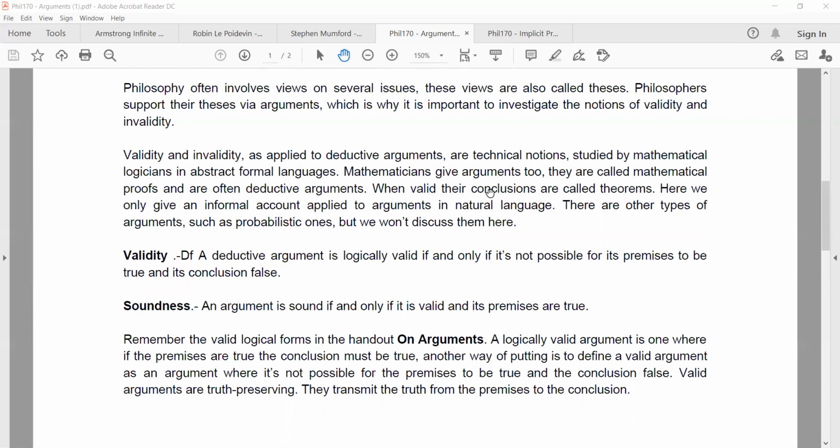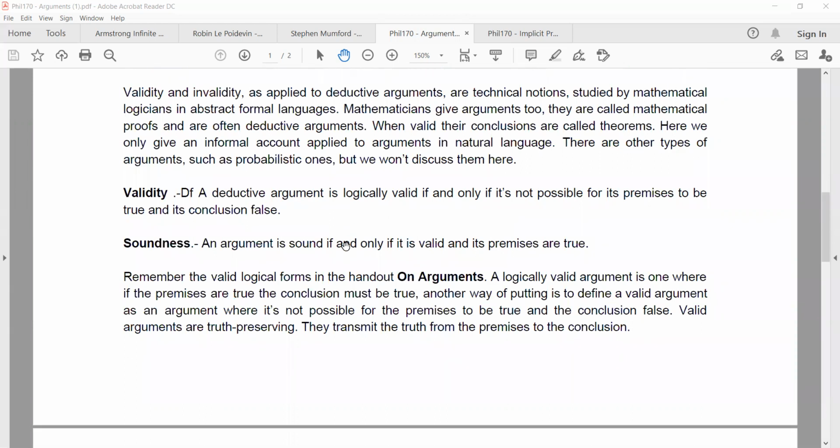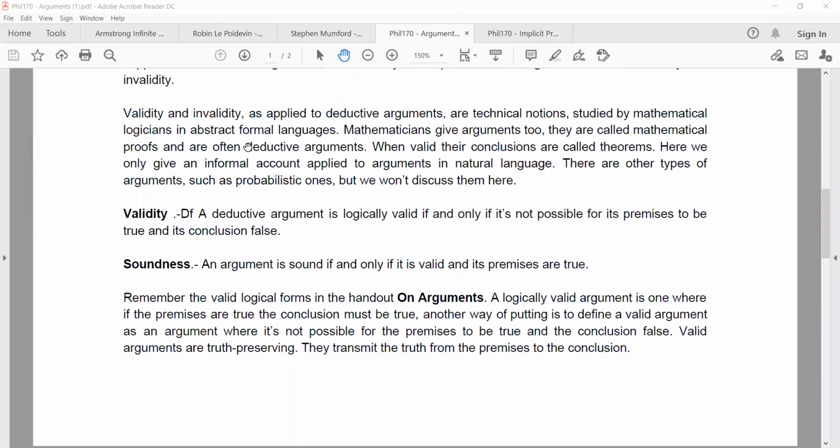But the subject matter of deductive arguments in mathematics is usually geometry or calculus or topological spaces, whatever. In the case of philosophy, arguments are usually presented in natural language. And obviously the aim is to try to support or undermine some philosophical view. But yeah, there are going to be two key technical notions, the notion of validity and invalidity.